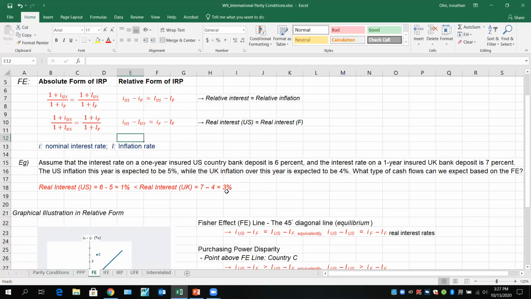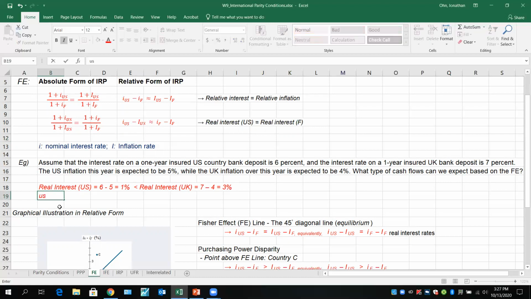What do you see there? The UK real interest rate is quite a bit higher than the US real interest rate. So when arbitrageurs and investors see this disparity in terms of the Fisher effect, they will act immediately.